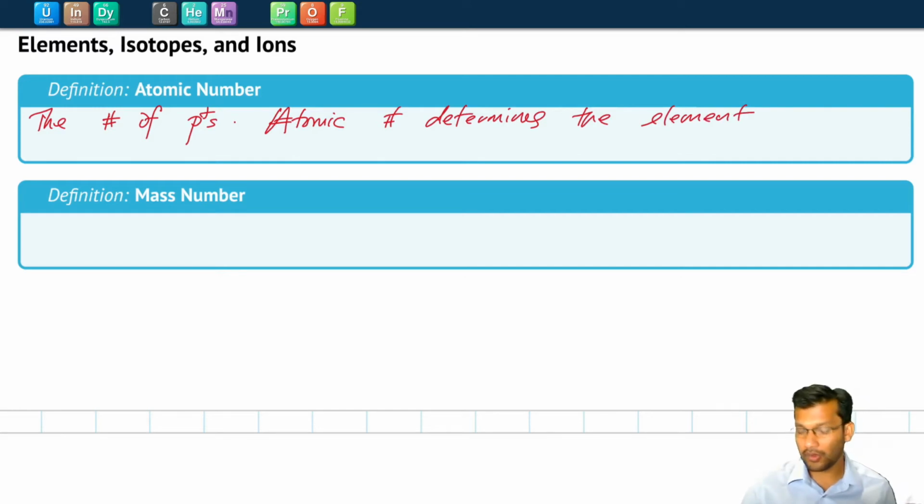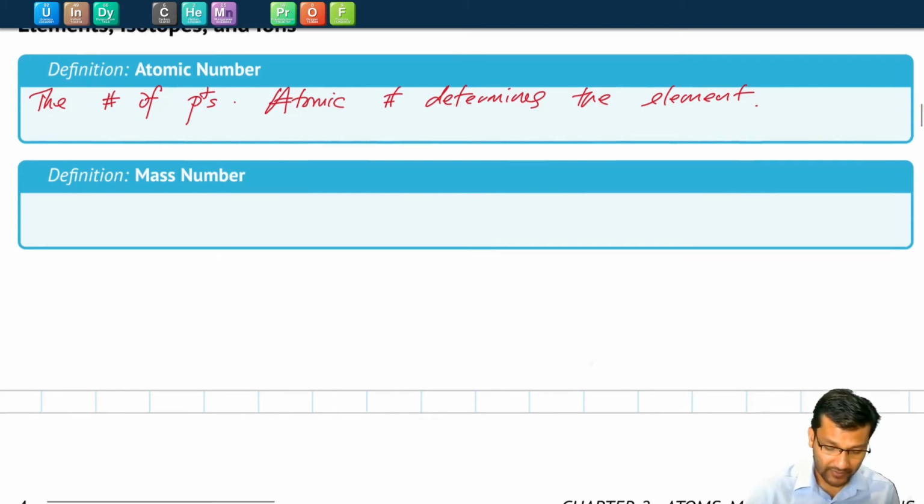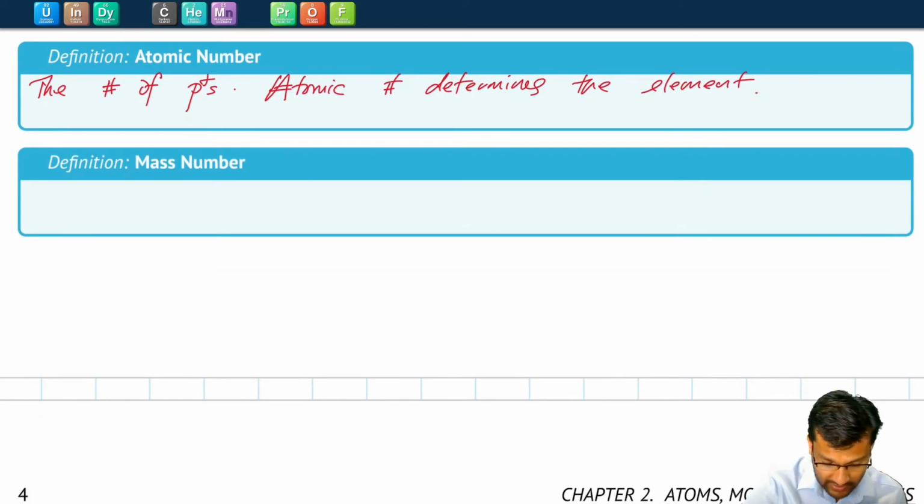So all atoms of oxygen, the element oxygen, will have 8 protons. The number of neutrons could vary, but the number of protons is the atomic number that determines what the element is.